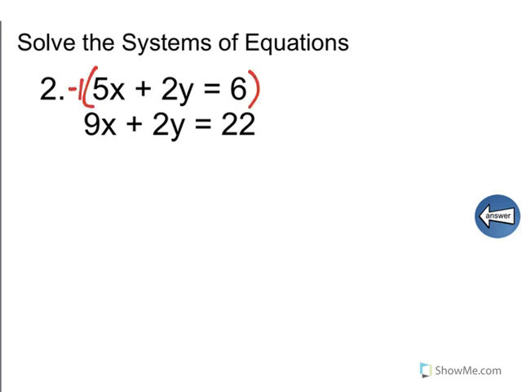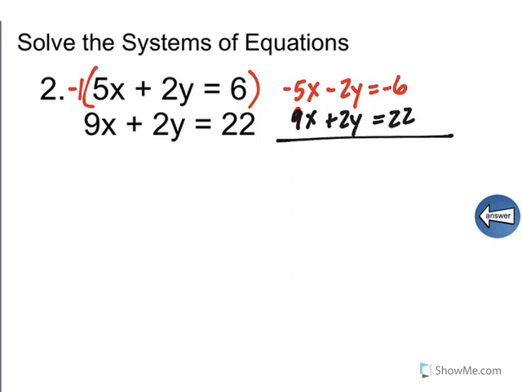I'm going to take the top one, though I could choose the bottom if I wanted to. Negative 5x minus 2y equals negative 6. Remember to multiply everything by negative 1. The bottom equation did not change, so it is 9x plus 2y equals 22.